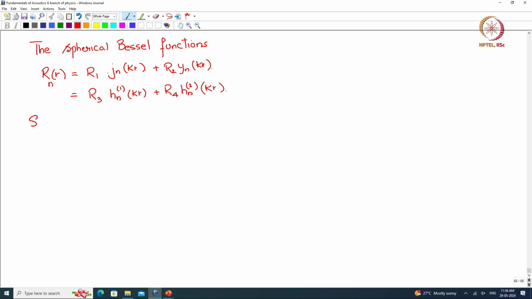The spherical Bessel functions are related to cylindrical Bessel or Hankel. At this point it is not so important, but how they are related, standard books will have it.